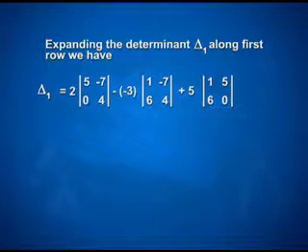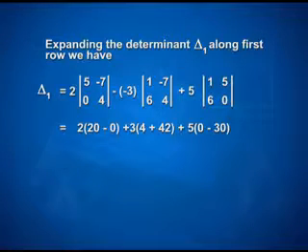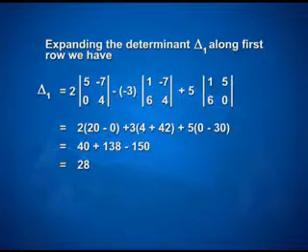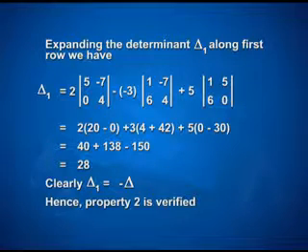On solving, we have 2 into 20 minus 0, plus 3 into 4 plus 42, plus 5 into 0 minus 30. On calculations, we get 40 plus 138 minus 150, which is equal to 28. Clearly, determinant 1 is equal to the negative of the previous determinant. Hence, property 2 is verified.